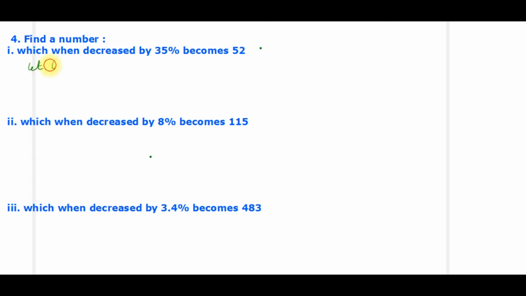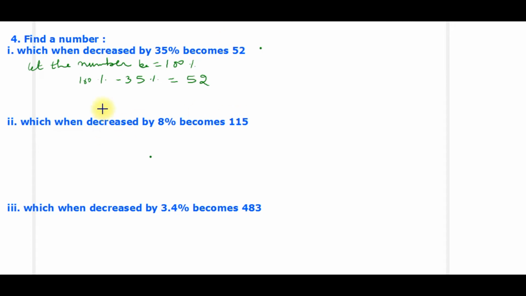Let the number be equal to 100%. When we decrease it by 35%, 100% minus 35%, it becomes 52, right?